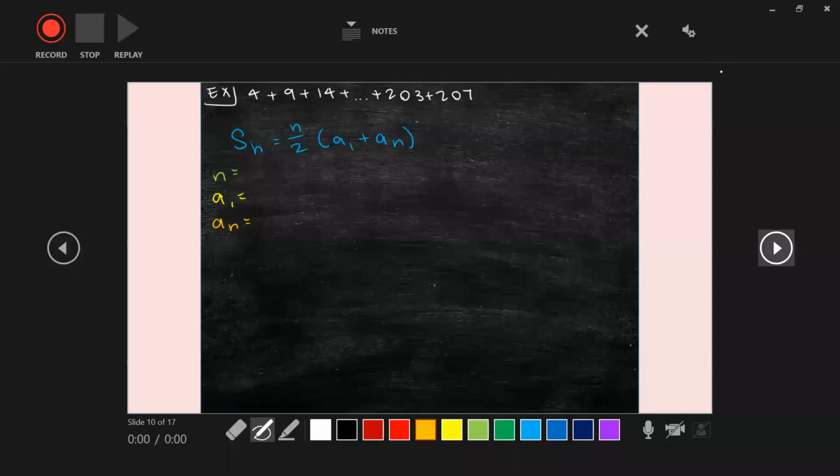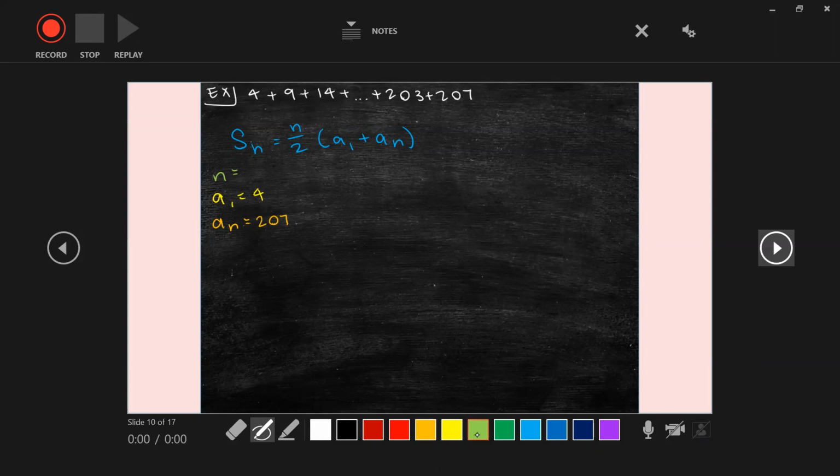What is a sub 1? 4, that's our starting term. Can we identify any of these other ones? Do we know what n is, or do we know what a sub n is? Yeah, what's a sub n? 207. So we know those two. Do we know how many terms we have in this series?